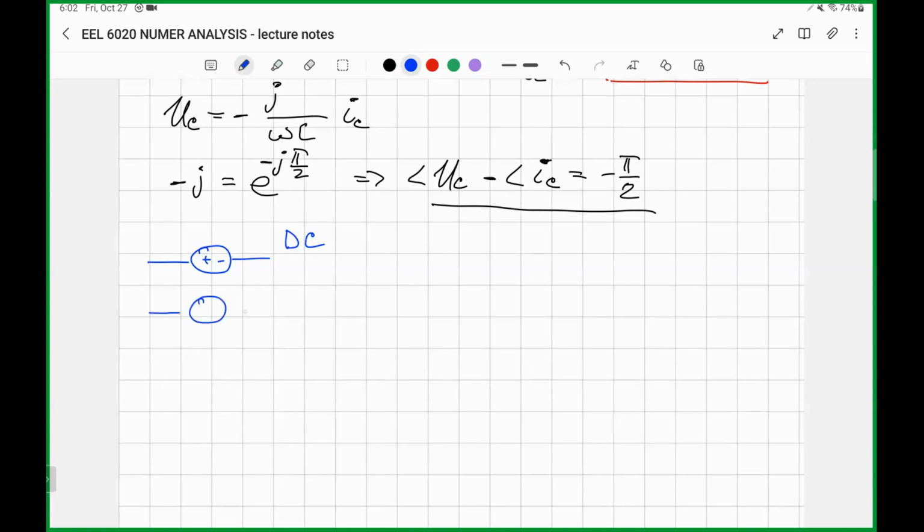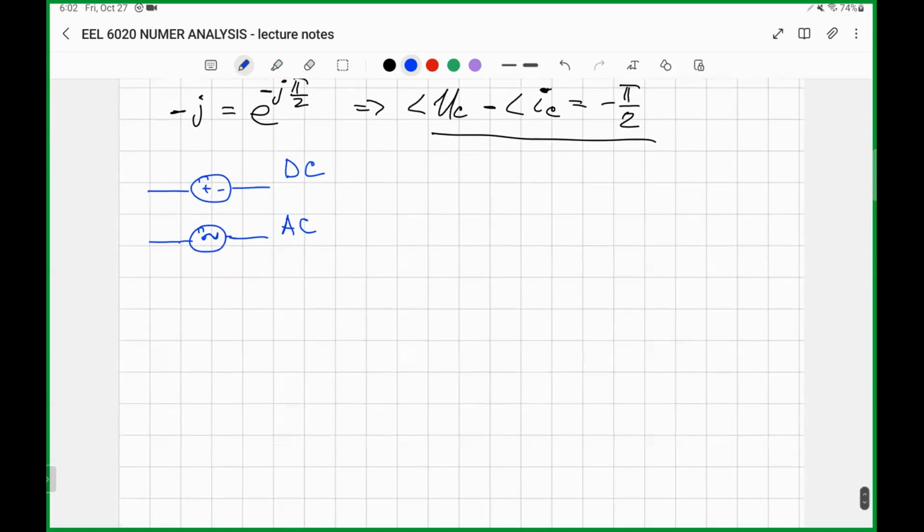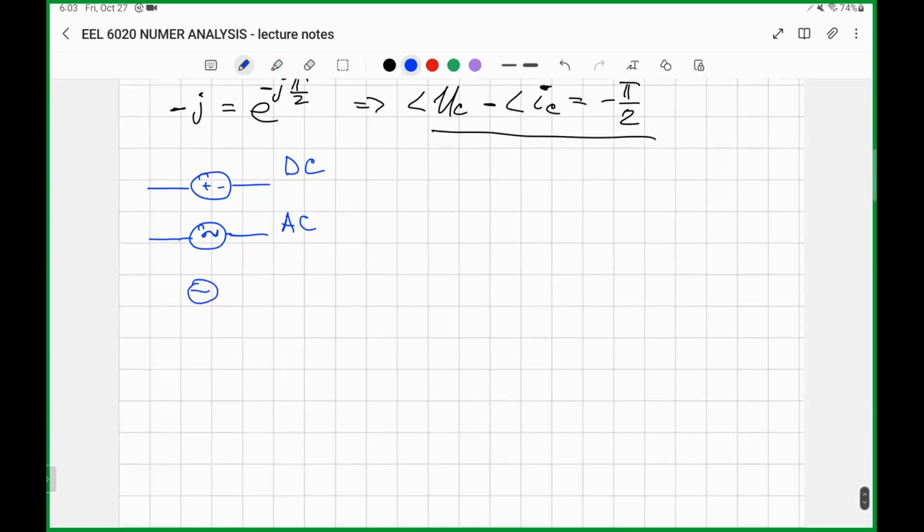It can be AC, denoted by this circle with a wavy line in it. It can also be a current source, for example, with this representation.